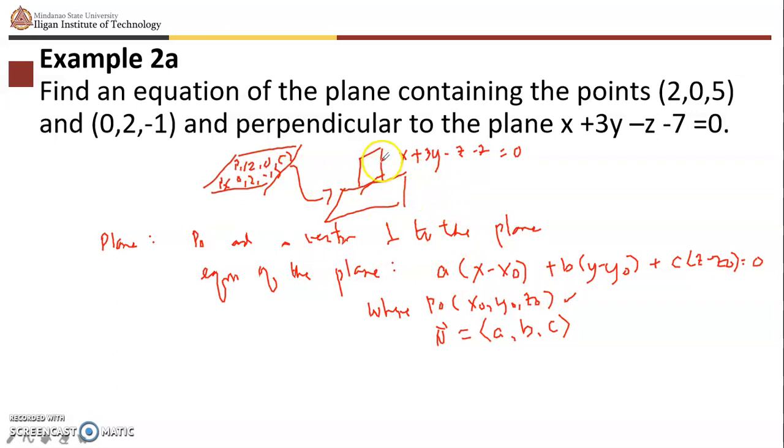But because the given plane is perpendicular, this perpendicular plane has a normal vector n1. From x + 3y - z - 7 = 0, the direction numbers are 1, 3, negative 1.